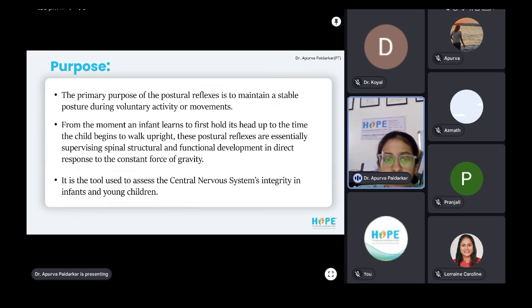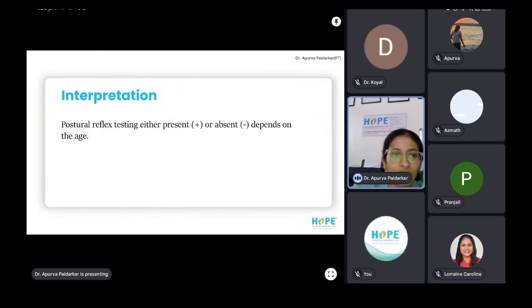So, it is a tool to assess the central nervous system's integrity in infants and young children. So, what will be the interpretation? Postural reflex testing will show that a reflex is either present or absent, depending upon the age.